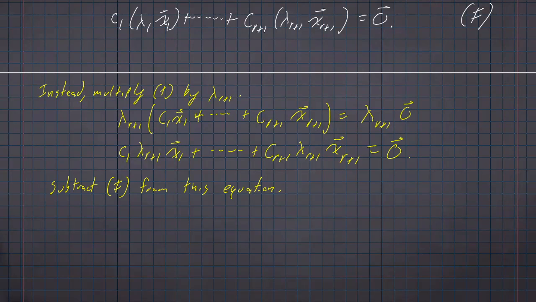Then from here, I am going to subtract equation double dagger from this equation, and I'll do that term by term. So I've got c1 lambda r plus 1 x1 minus c1 lambda 1 x1.